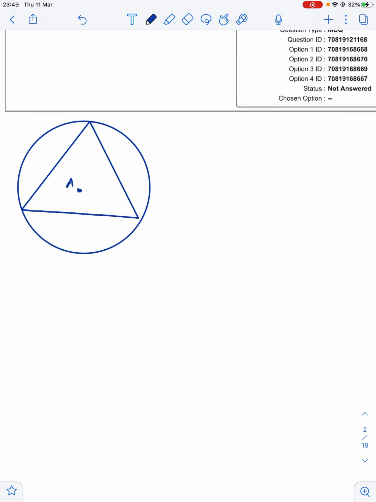Now let us say this is the center A, and one of the sides of the triangle is BC. If I join the vertex to the center, it will come perpendicular to the base also. AB and AC will be a radius of the circle, as well as this is also radius.